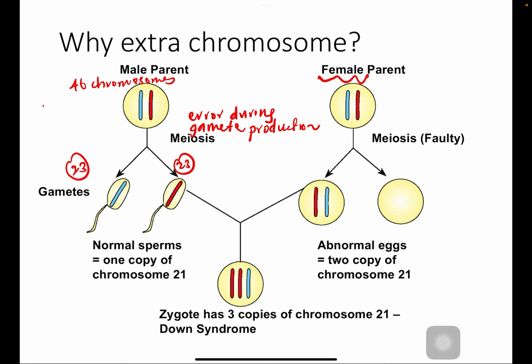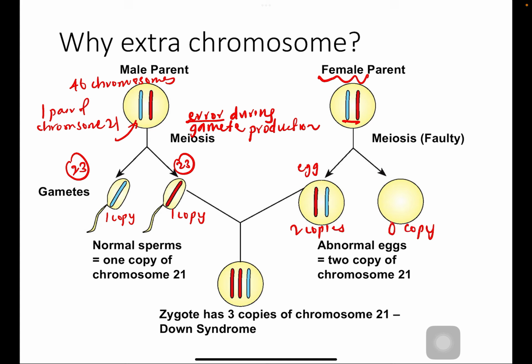So if you have one pair of chromosome 21, as seen in this picture over here, to represent chromosome 21, each of your gametes will receive only one copy. However, when there is an error during gamete production, sometimes both copies end up in one gamete. So you have two copies of chromosome 21 in an egg, and there is 0 copy of 21 in another egg.